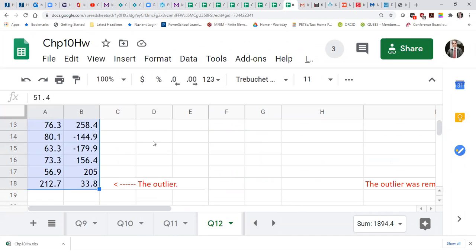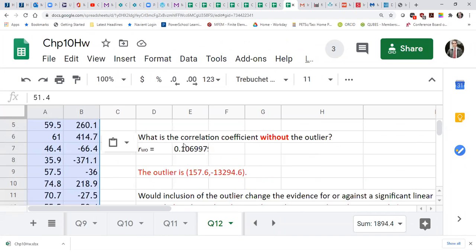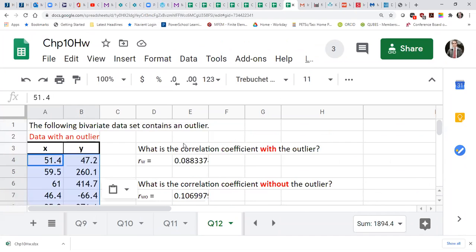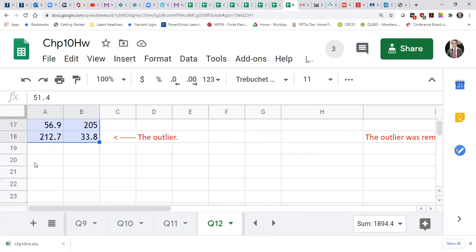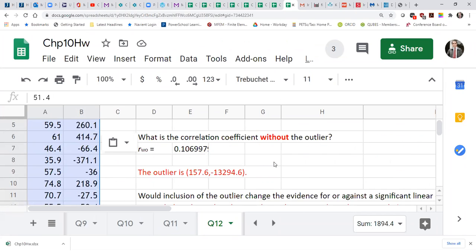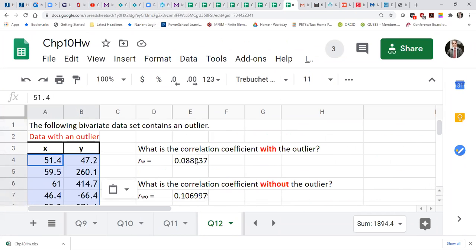Okay. So in order to find the correlation, if you want to put with outlier, the data will be from A4 to 18.